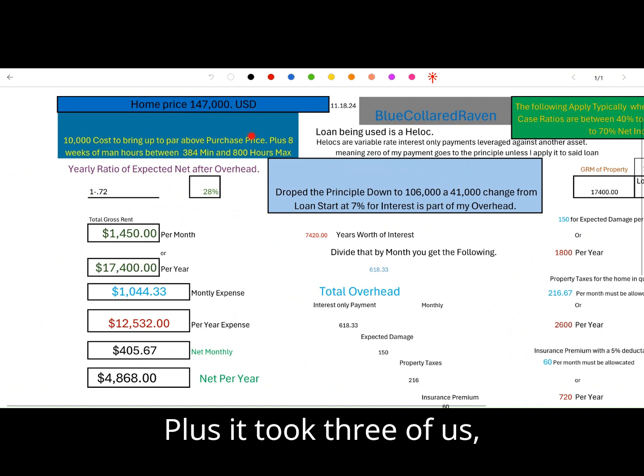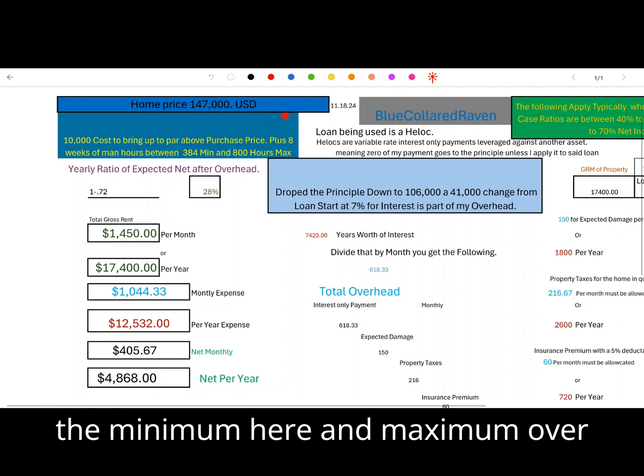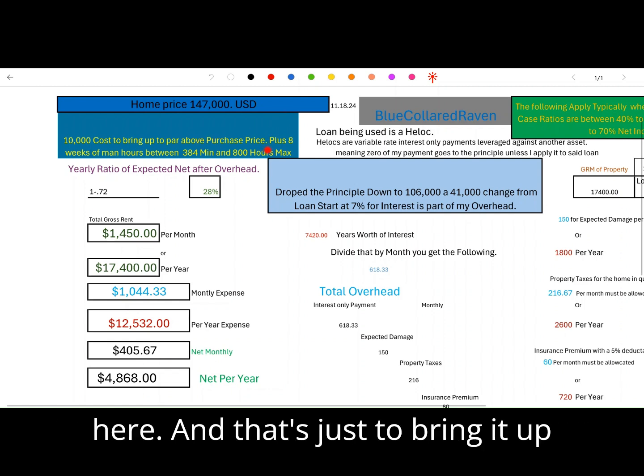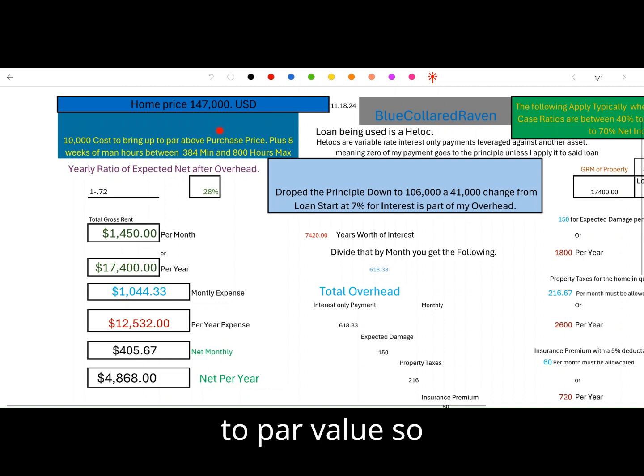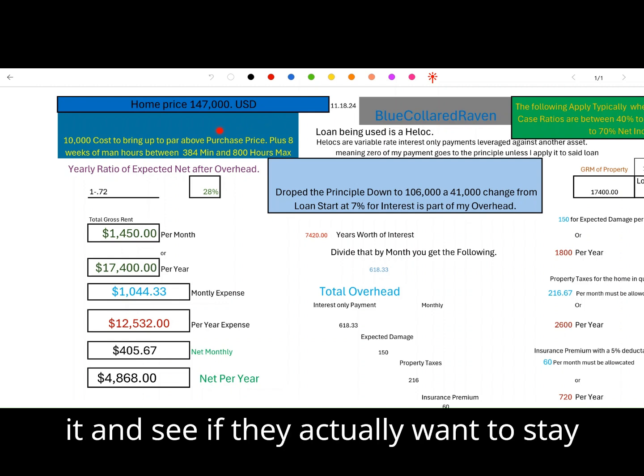Plus, it took three to five of us and 8 weeks of work. You can see the minimum here and maximum over here. That's just to bring it up to par value so that people can come in, take a look at it, and see if they actually want to stay here or not.